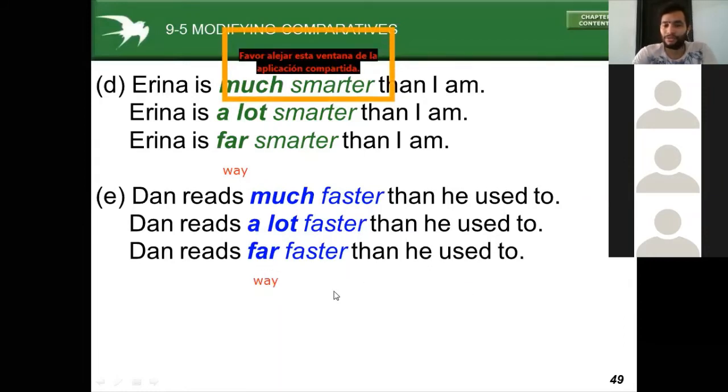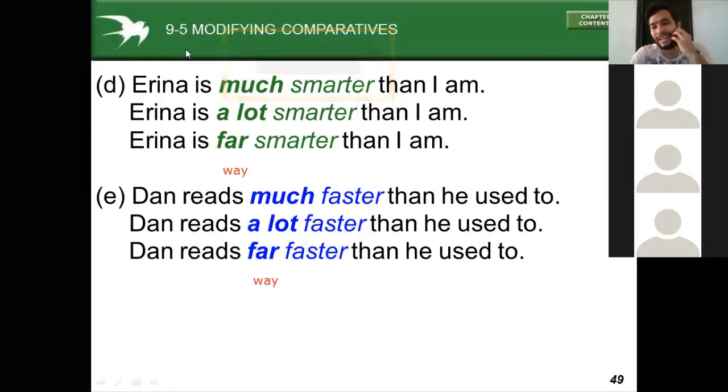I can also say it like this. So these are the words, guys: way, far, a lot, and much. These are the words that we can use together with a comparative to modify it, to make it more emphatic, to make it more intense.